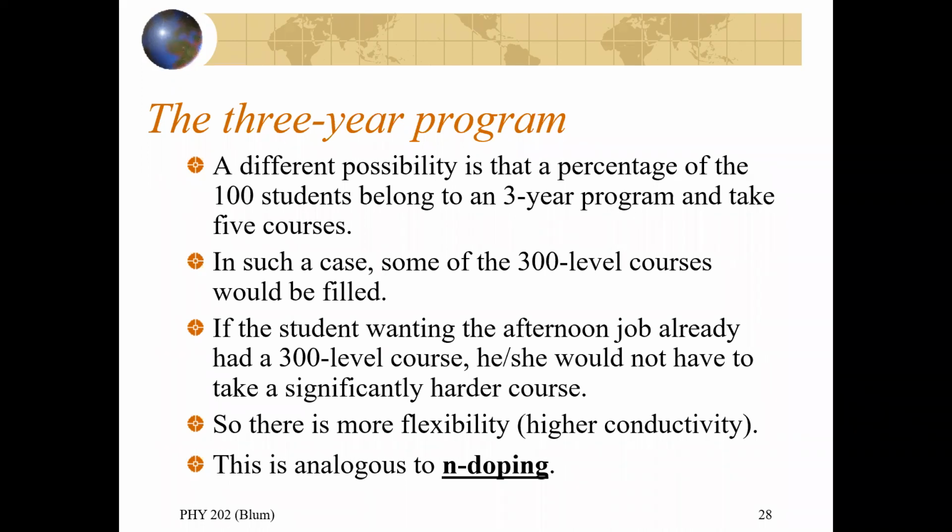I don't know who's taking these 300 level courses, but somebody is. And when the afternoon job opens up and somebody needs flexibility to take the job, that's possible. Those people in the 300 level can take a slightly more difficult 300 level course that gives them the flexibility. And doping improves conductivity. Conductivity is about flexibility.